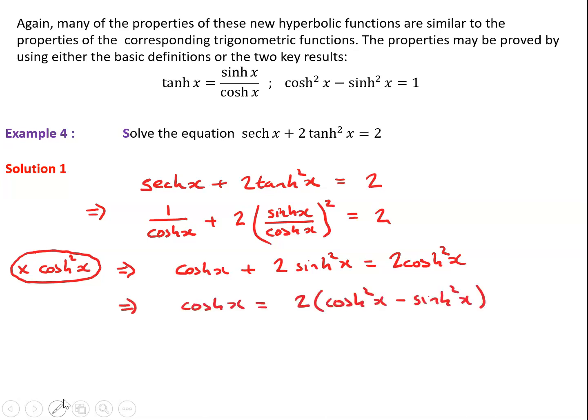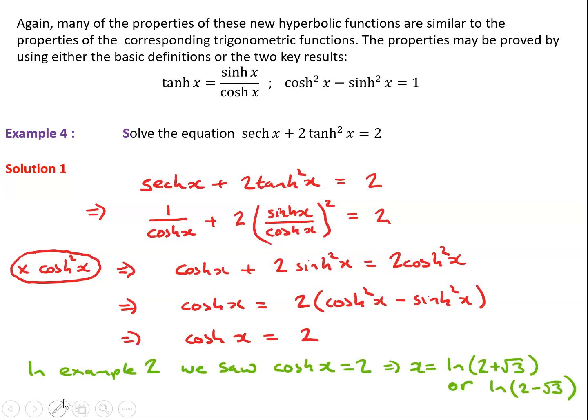In other words, we've got cosh x is the same thing as 2 times cosh squared x minus sinh squared x, but we know that cosh squared x minus sinh squared x is equal to 1. So we've got cosh x equals 2. Now we've already solved the equation cosh x equals 2 in an earlier example, and we saw that cosh x equals 2 gives us x equals the natural logarithm of 2 plus root 3, or the natural logarithm of 2 minus root 3.